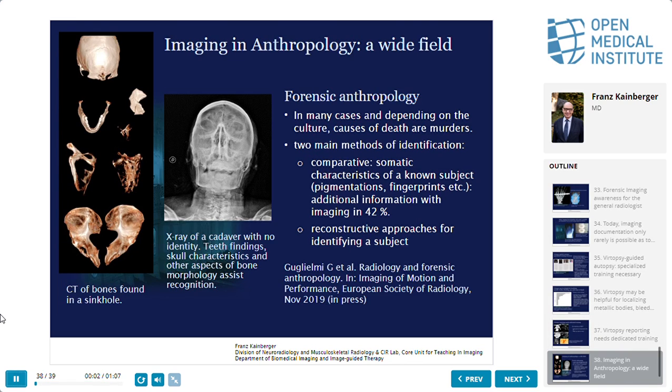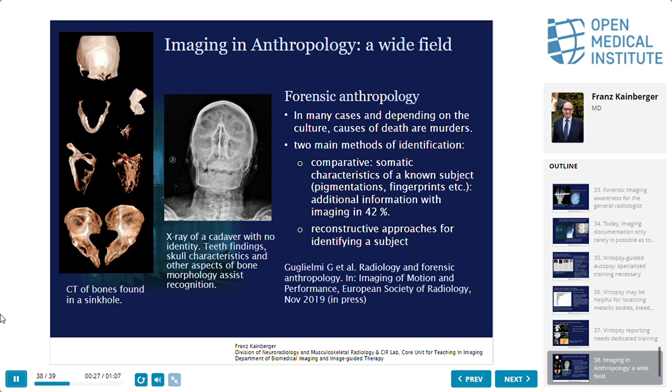From forensic medicine, there's only a small step to go to anthropology. I guess that some of us, especially if working in medical academic centers, have been invited to do some CT for anthropologic purposes.